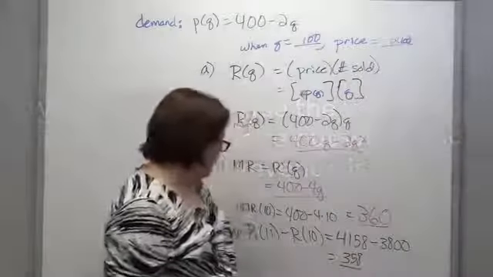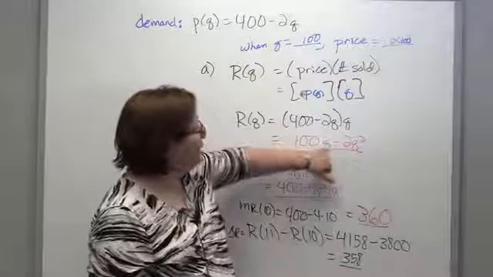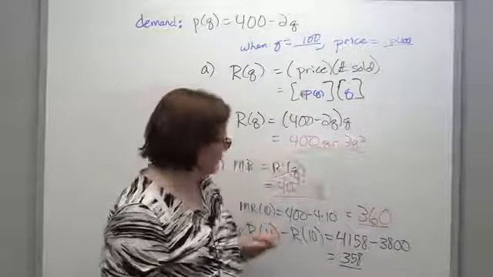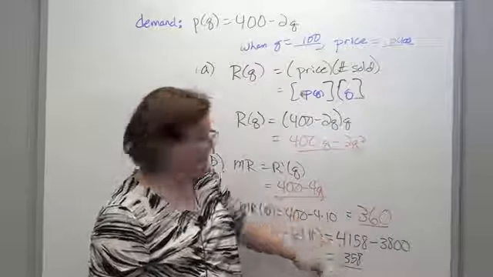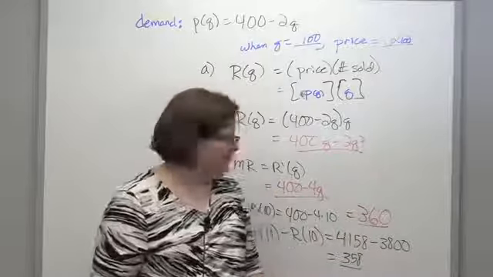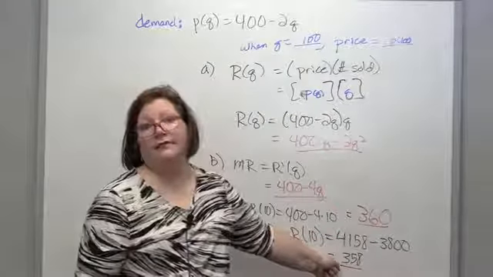All right, so we calculate using revenue being 400q minus 2q squared. We plugged in 11 carefully, get 4158. Plugged in 10 carefully and got 3800. And the difference between them is 358.